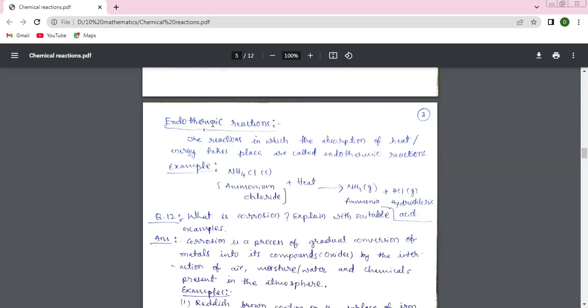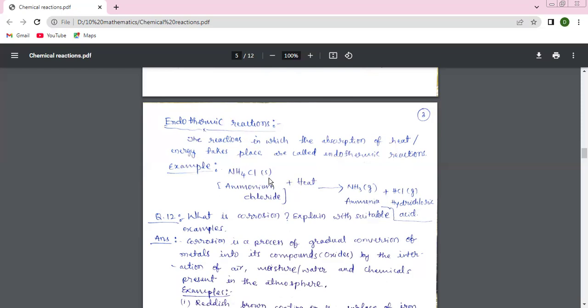Next is the endothermic reaction. The reactions in which absorption of heat energy takes place are called endothermic reactions. So here heat is absorbed instead of released.